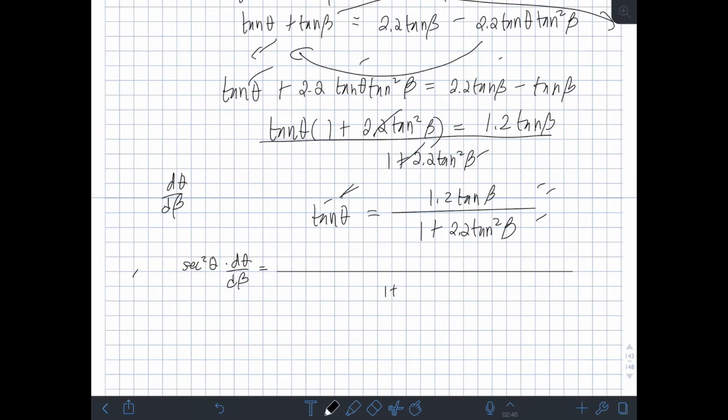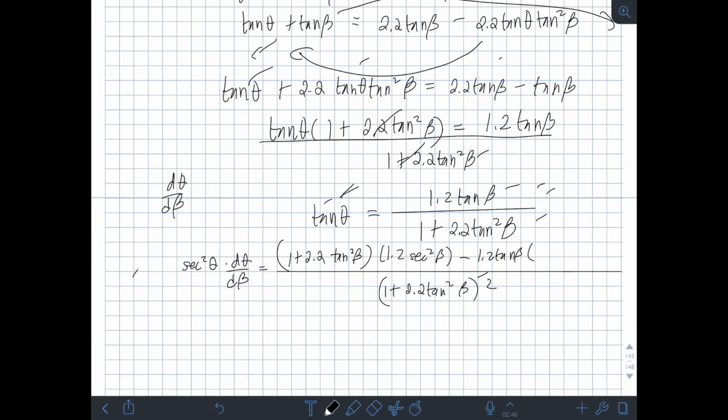So, 1 plus 2.2 tan squared beta squared, right? Then, copy, 1 plus 2.2 tan squared beta times derivative ng numerator, which is 1.2 secant squared beta. Minus, copy naman tong 1.2 tan beta times derivative ng denominator.